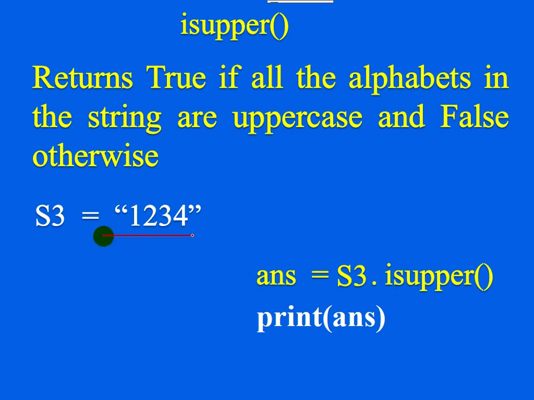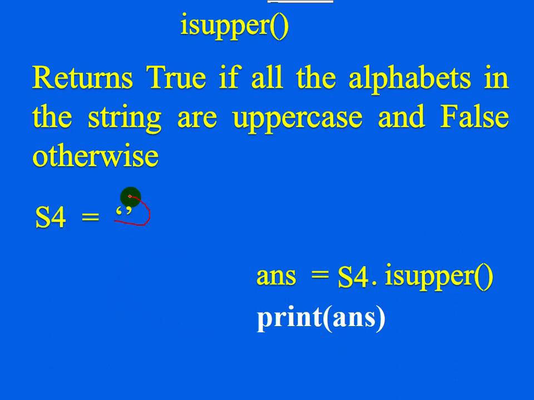If I write s3 equal to 1 2 3 4, and if I write s3 dot isUpper, answer false, because not even one alphabet is there. Okay, so please understand, at least one alphabet must be there, all the alphabets must be uppercase, only then the answer is returned as true, otherwise the answer is returned as false.